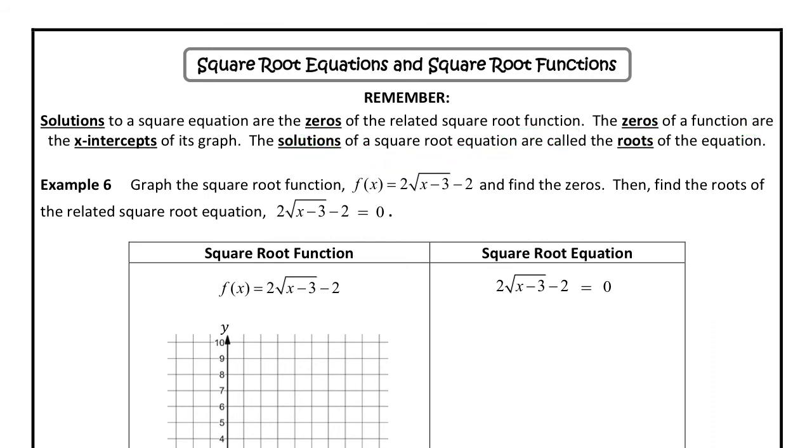The zeros of a function are the x-intercepts of its graph. The solutions of a square root equation are called roots of the equation. So we're asked to do two things, right? Graph the square root function and find the zeros. Then find the roots of the related square root equation, which is the following, right? 2 times the square root of x minus 3, minus 2 equals 0.